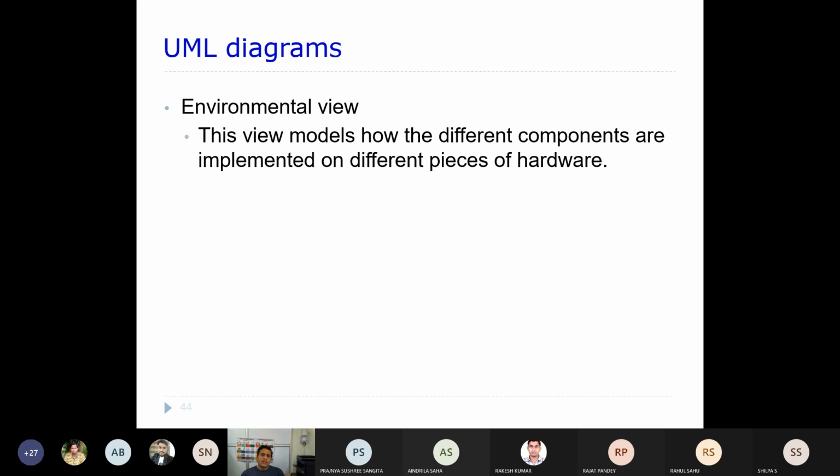Once you have implemented some of these components, what different components actually will be deployed on what part of that particular hardware, since you have a certain number of hardware pieces. So you try to map the software components to different parts of the hardware. That means where you are going to deploy them. Let's say, for example, you can think of it like this.